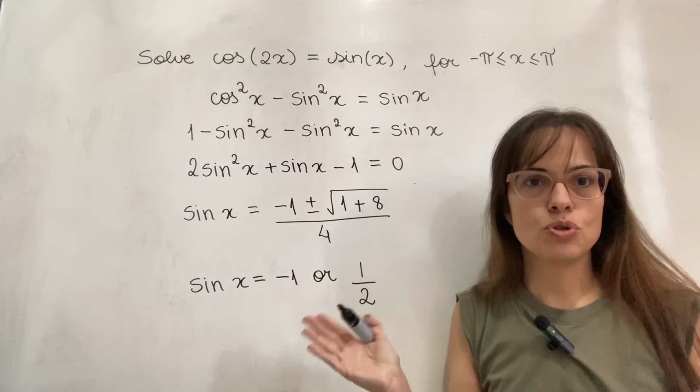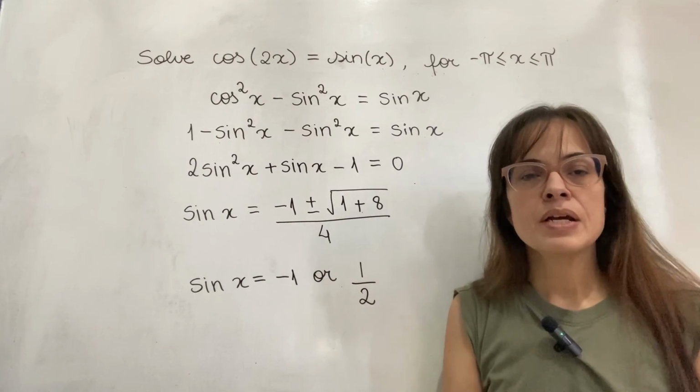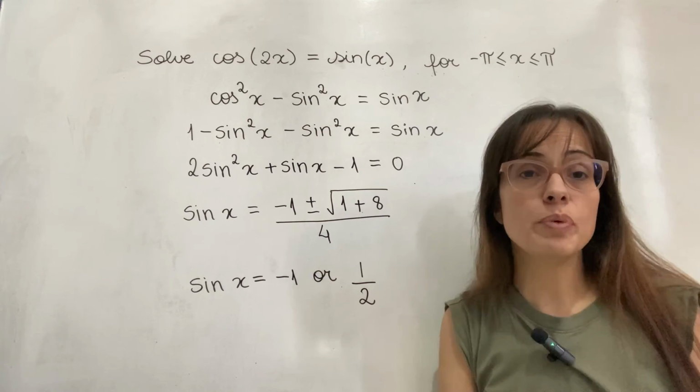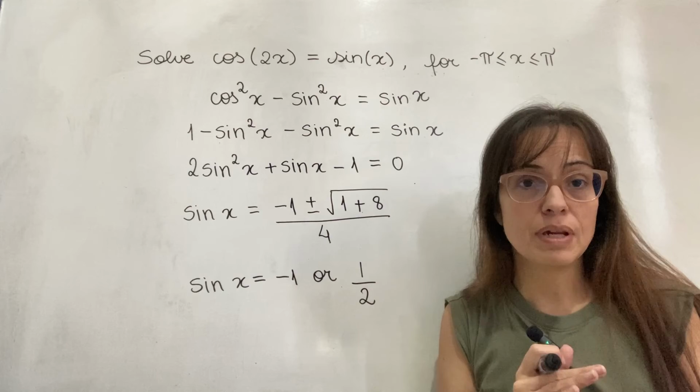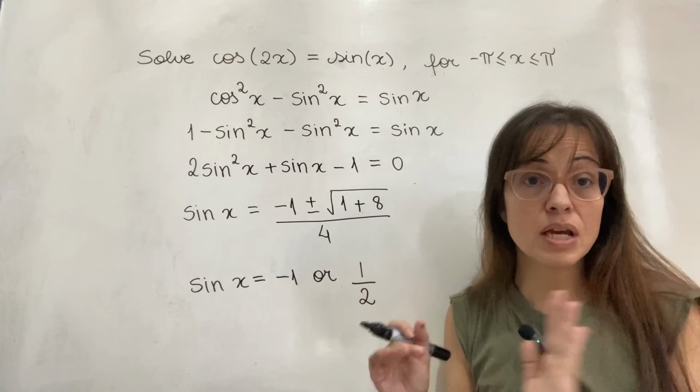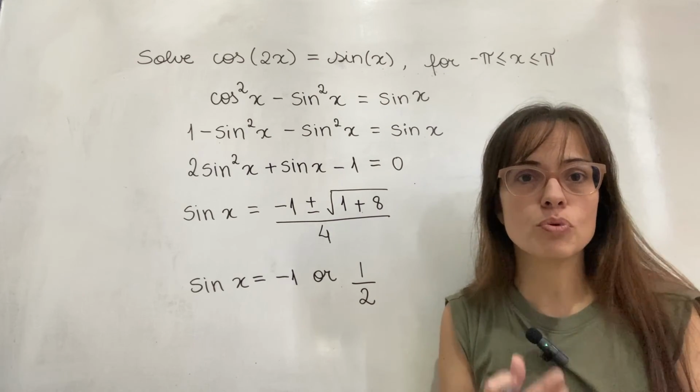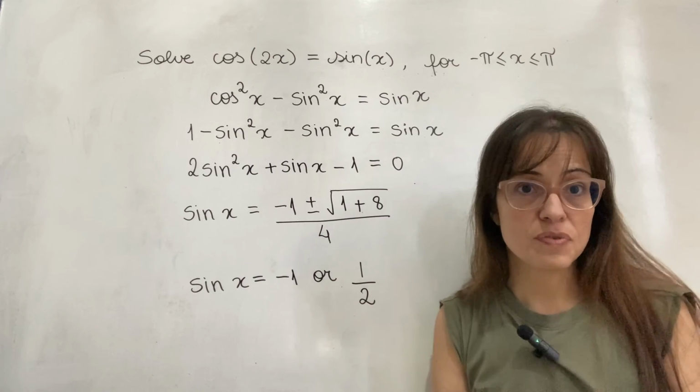And you get two options for the value of sine. Sometimes one of them will be an impossible value because sine of x needs to be between -1 and 1. But this time it didn't happen. This time they are both valid values of sine.